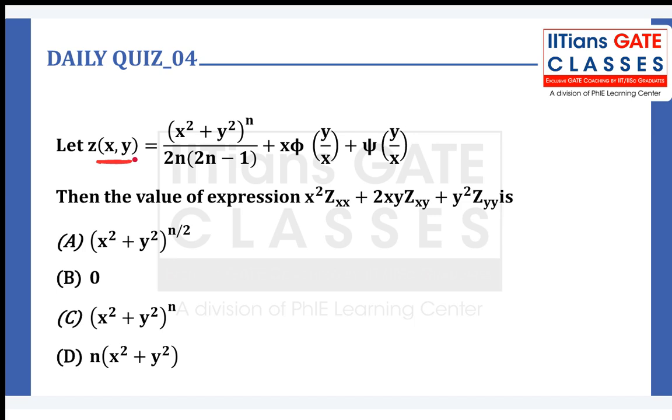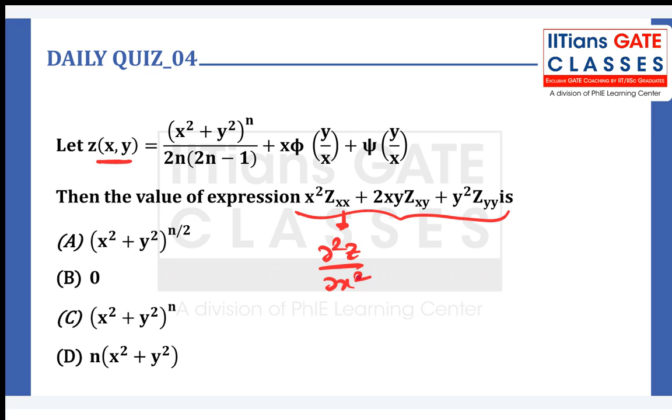The first term is there, then there is a phi function term, and then at the end there is a psi function term. And you are supposed to evaluate the expression where this x square plus z_xx means the del square z by del x square. So these are not subscripts, these are partial derivatives, second order partial derivatives.